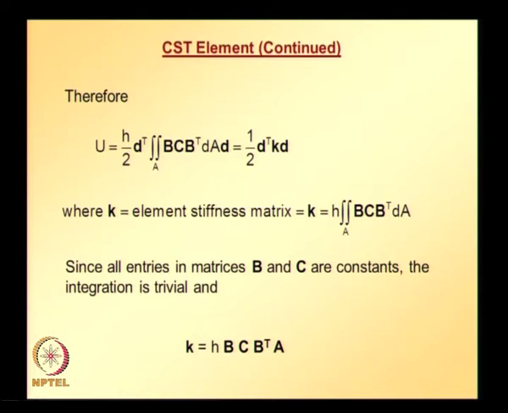If not, we need to carry out integration to get the element stiffness matrix. For that we can adopt some numerical integration techniques for triangular elements, which we have seen earlier.